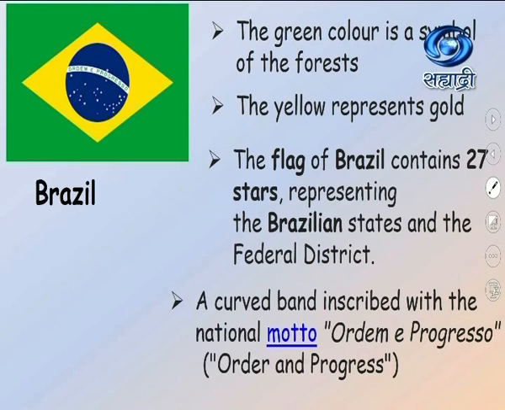Now this blue disk shows the starry night in Brazil, and we find a curved band inscribed with the national motto of the country, written as Ordem e Progresso. It is a Portuguese phrase, which means order and progress. So this is a description of the Brazilian flag.